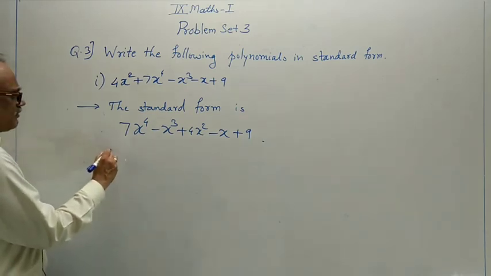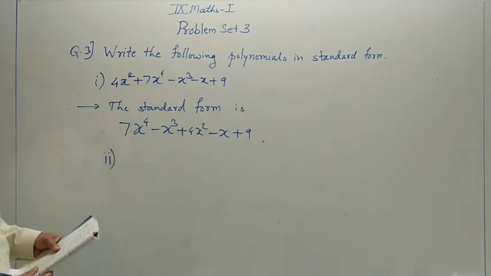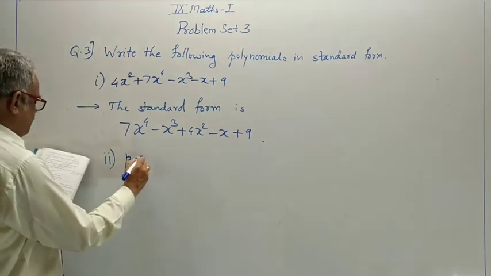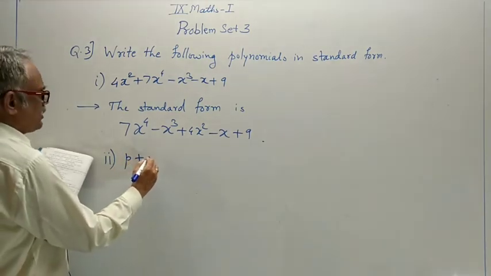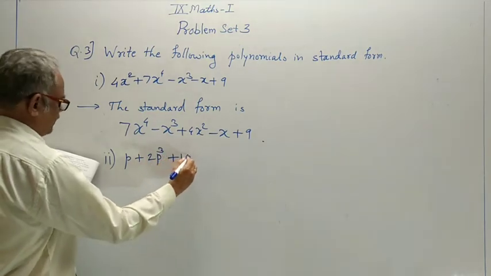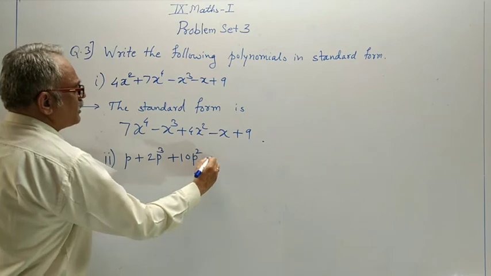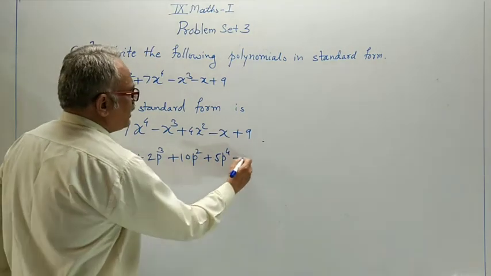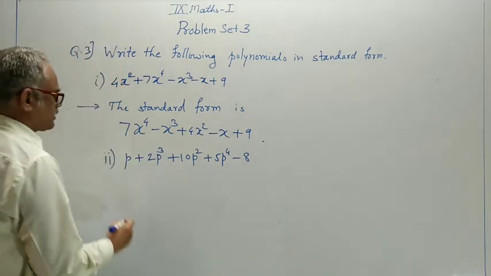Similarly, one more second is asked. P is the variable here. P plus 2p cube plus 10p square plus 5p raised to 4 minus 8, highest to lowest.